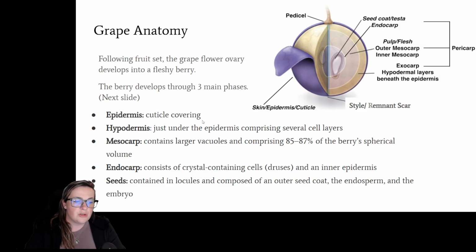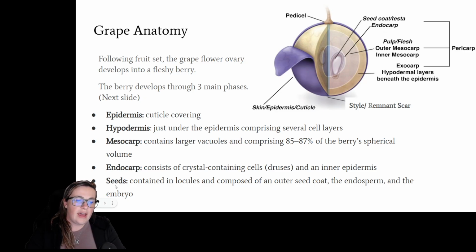Then we have the hypodermis, which is just under the epidermis, comprising several cell layers. Then we have the mesocarp, which contains larger vacuoles and comprising of 85 to 87% of the berry's spherical volume. The endocarp, which consists of crystal containing cells, juices, and an inner epidermis of itself.